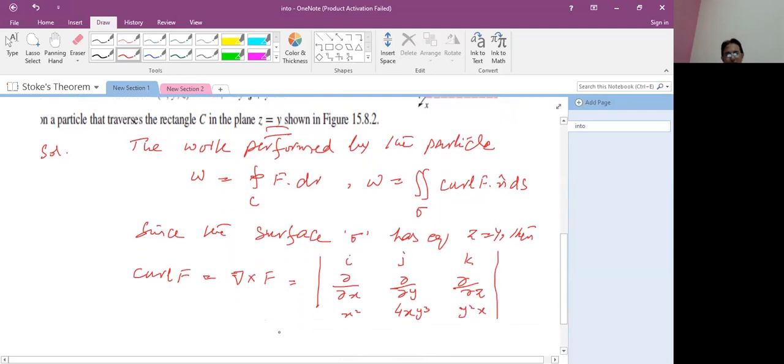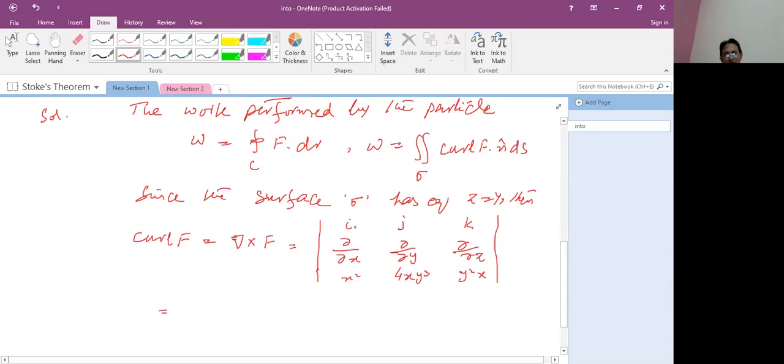In the next step, student, we will determine the curl F, and we expand the determinant. When we determine the value of i, we skip the first row and first column. So it means we will find the partial derivative with respect to y, it is 2yx, minus the derivative with respect to z, which is 0.